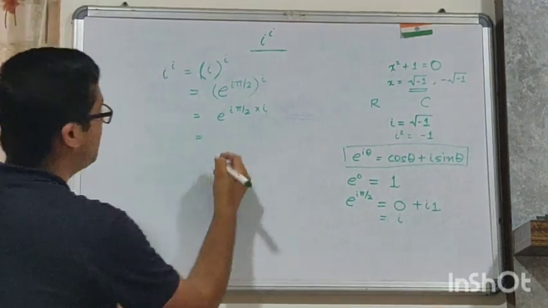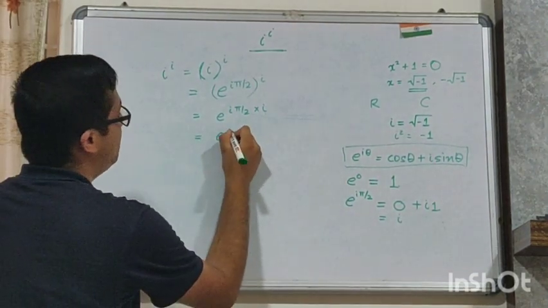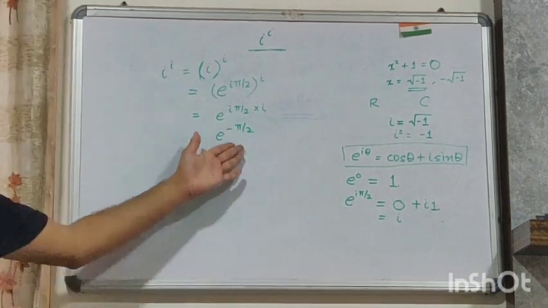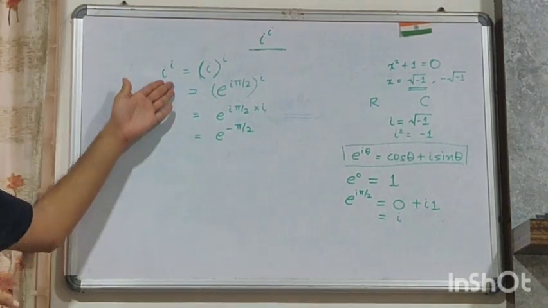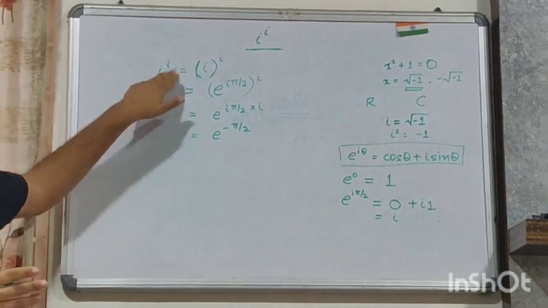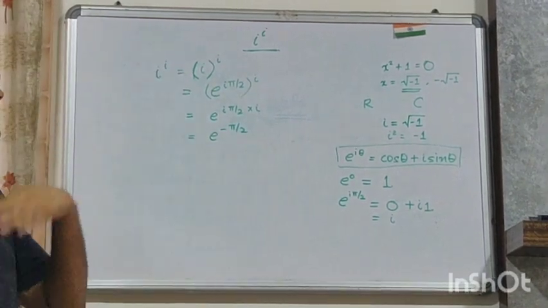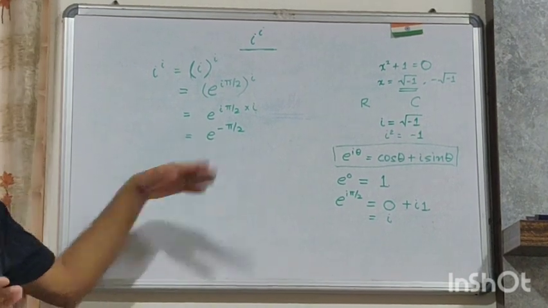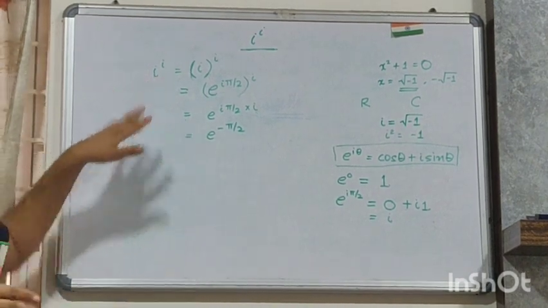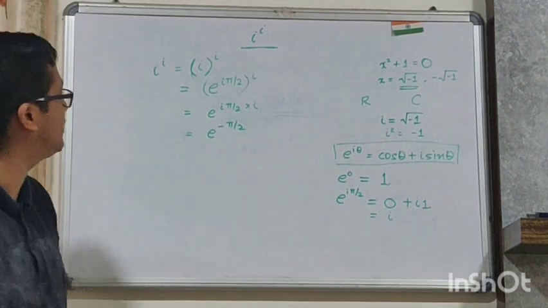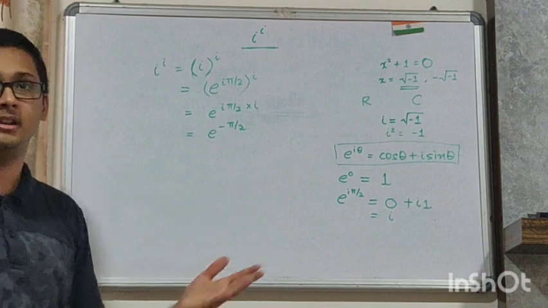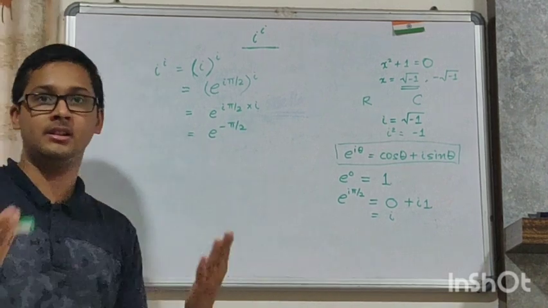So it can be written as e power minus pi by 2. Voila, this is a real number. Astonishingly, I power I, which looks entirely complex, is not at all complex. It's a real number. This result shows that we can do lots of wondrous things with expressions involving complex numbers, which in turn result in a real number.